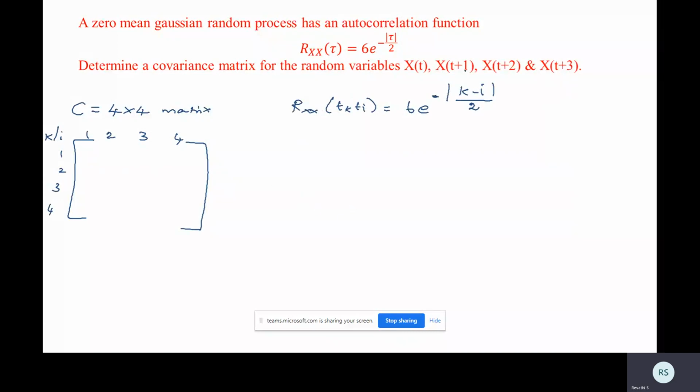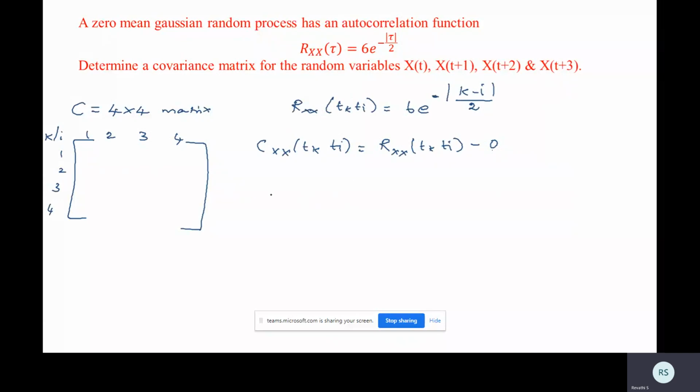Now what is Cxx? Cxx of tk comma ti is equal to Rxx of tk comma ti, because of minus the mean 0. They have given you a zero mean Gaussian random variable, so you are going to substitute 0 here. So Cx and Rx are same.